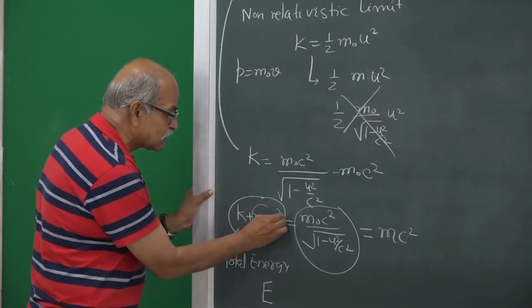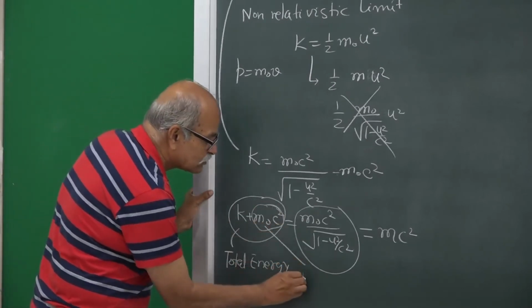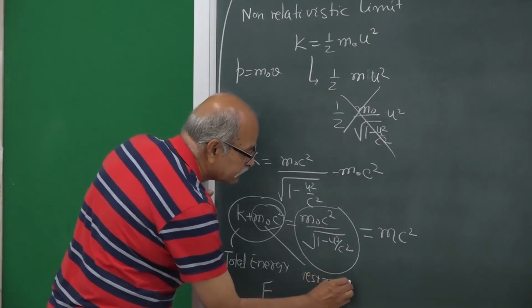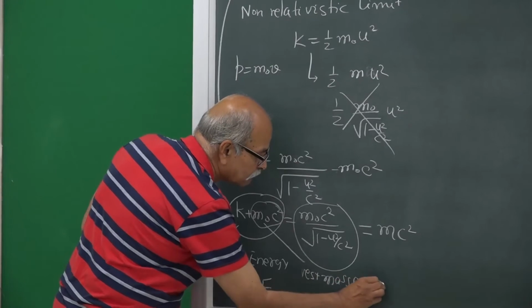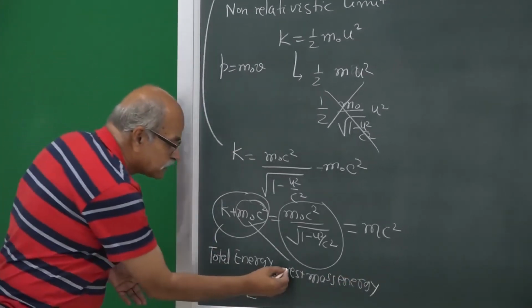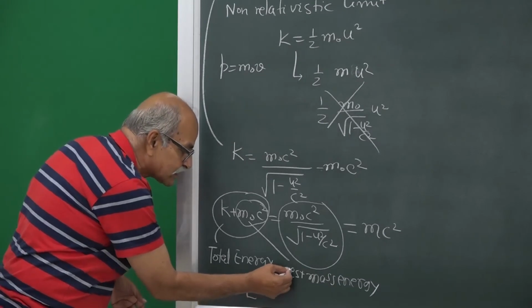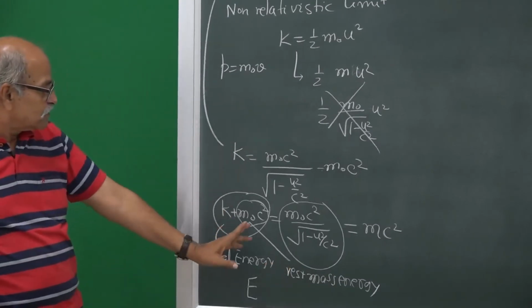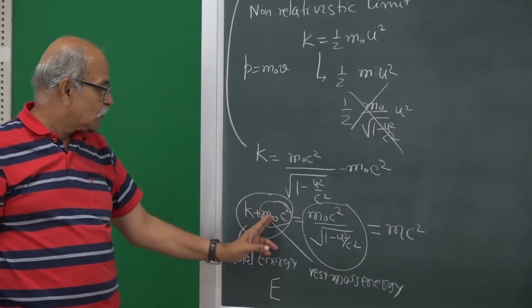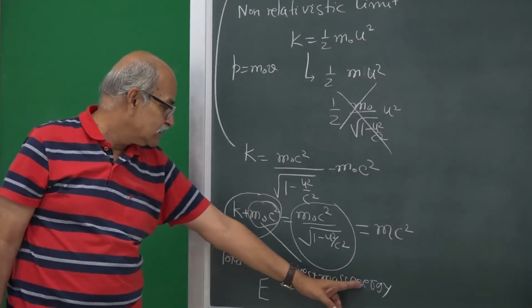This quantity m naught c square is called rest mass energy. We are defining the terms. The physical significance we will discuss later, but we are just defining the terms. m naught c square is called rest mass energy.